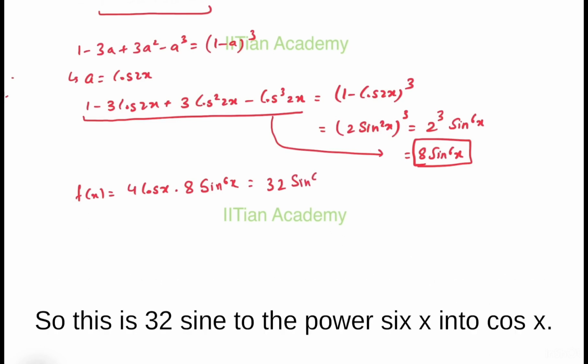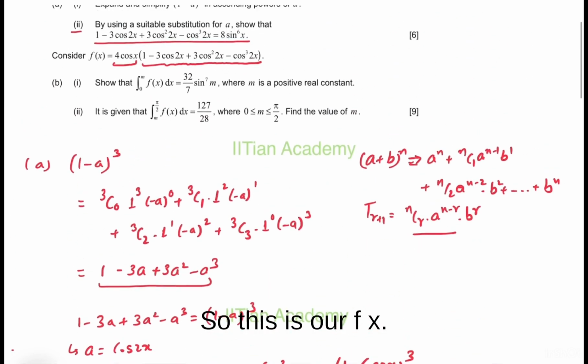So this is 32 sin^6 x cos x. This is our f(x).